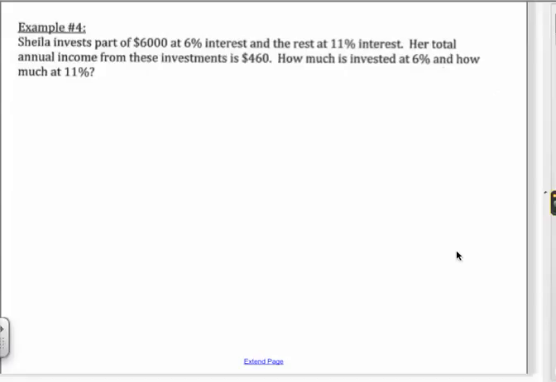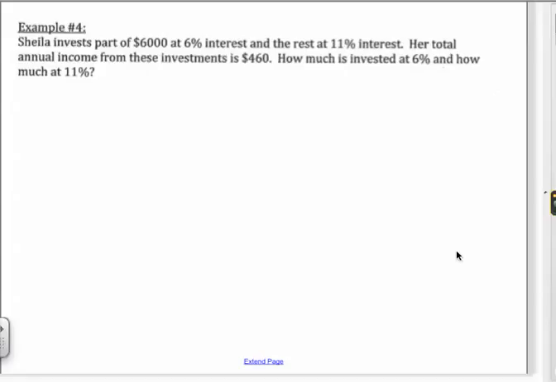Okay. Her total annual income from the investments, how much money is she making from the interest? Her total annual income from these investments is $460. Okay? How much is invested at 6%? And how much, Jimba, is invested at 11%?